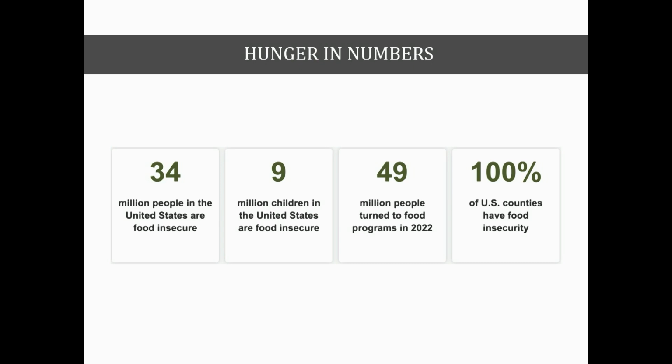And no one is immune. 100% of counties in the United States have food insecurity in some way. So this is an allocation problem, right? I'm claiming we're wasting so much food. At the same time, we have a lot of hungry people. So we're clearly not allocating these resources properly.